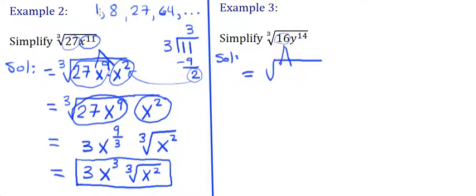Using cube numbers, we ask ourselves what cube number goes into 16. The answer is 8. 8 goes into 16 evenly, so we write 8 times some other number. Clearly it has to be 2, for 8 times 2 to be 16.